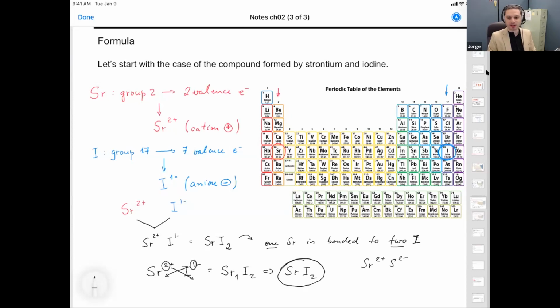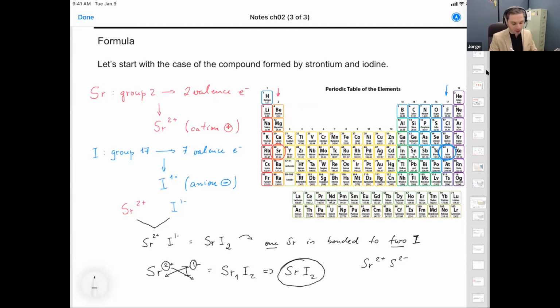Exactly. So every time you have 2 and 2 or for example, 3 and 3, you can reduce, simplify. Yes, you can divide everything by the common factor. Okay, no problem with that. So if you think about it, each strontium will need to lose 2 electrons and each sulfur is capable of gaining 2, that means you just need 1 to 1.